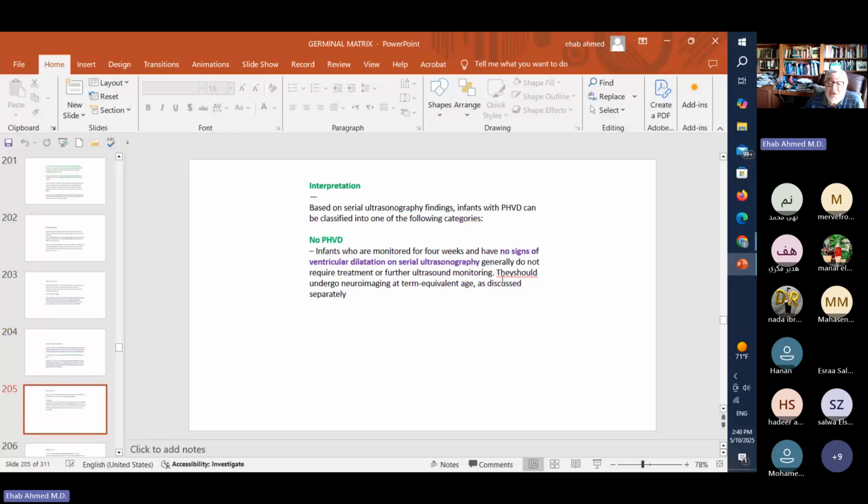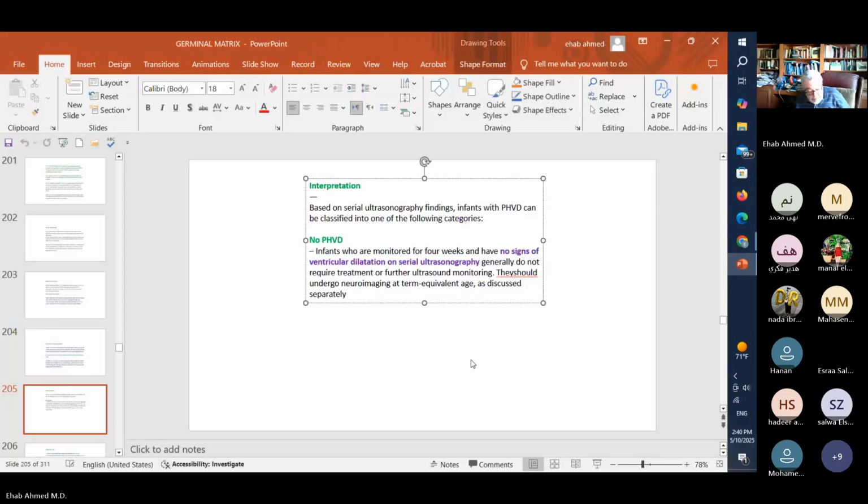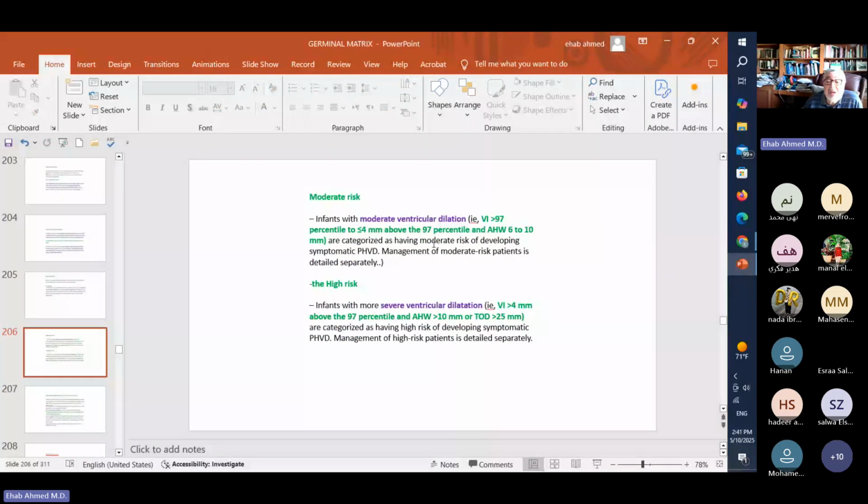So, these are the interpretations, and depending on the interpretation, either there is no PHVD and there are no signs of dilatation on serial ultrasonography, or you have moderate if the ventricular index is less than the 97th percentile or less than 4 millimeters above the 97th percentile.